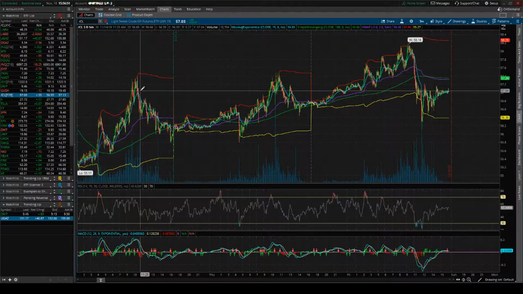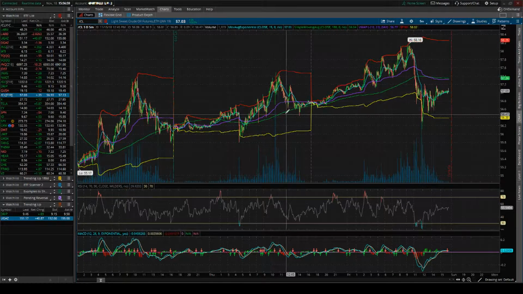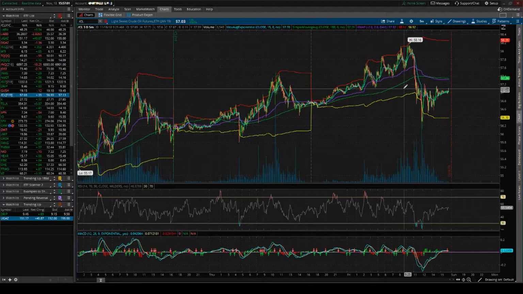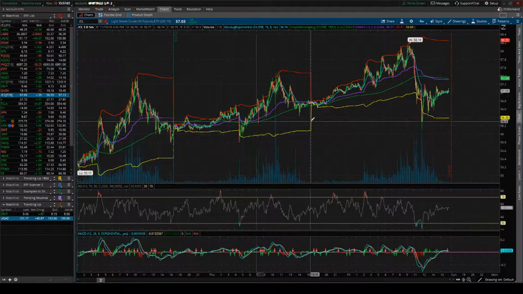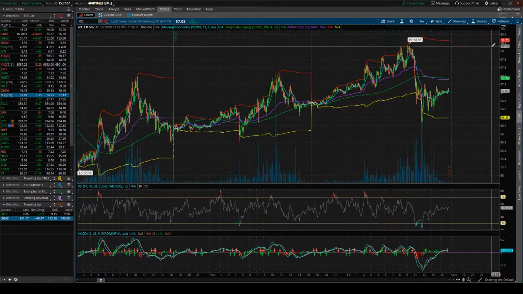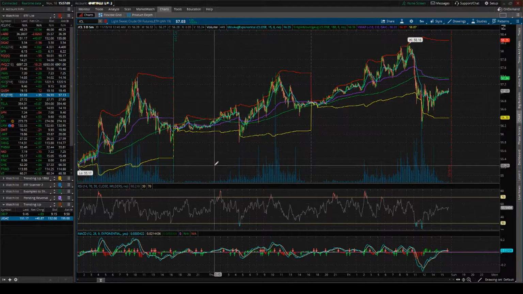So you can use that, and all these indicators are available on the app. You can have an RSI chart, you can have a MACD chart, you can put VWAP lines and EMA lines and SMA lines. Everything you see here you can do on the app itself, and you can even set alerts right from the app. Okay, so it's very, very useful if you do have the app.